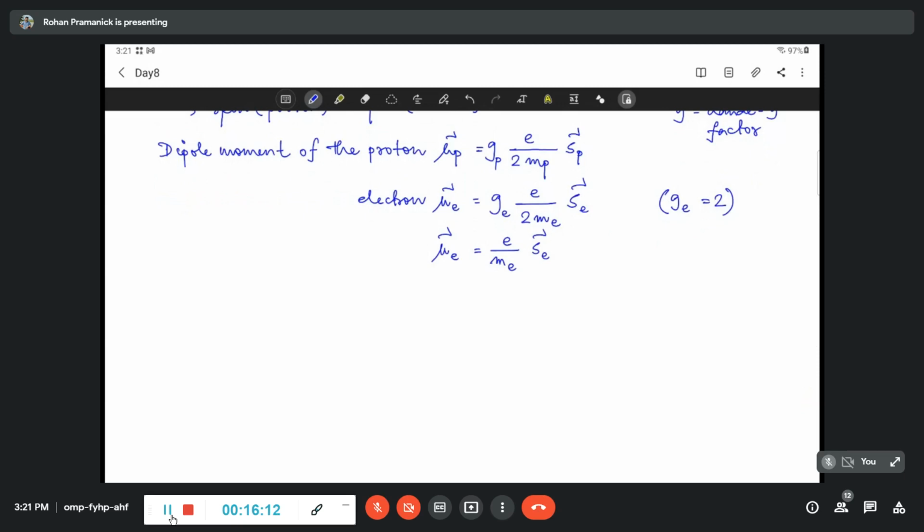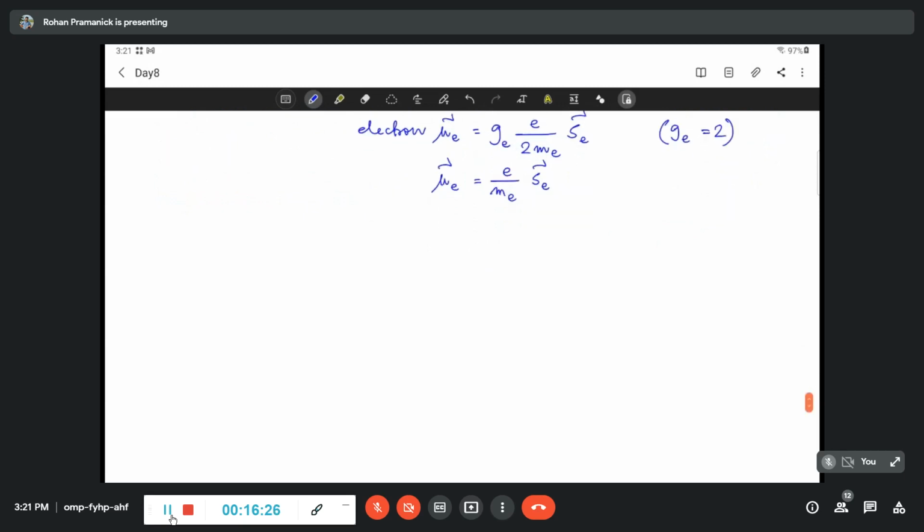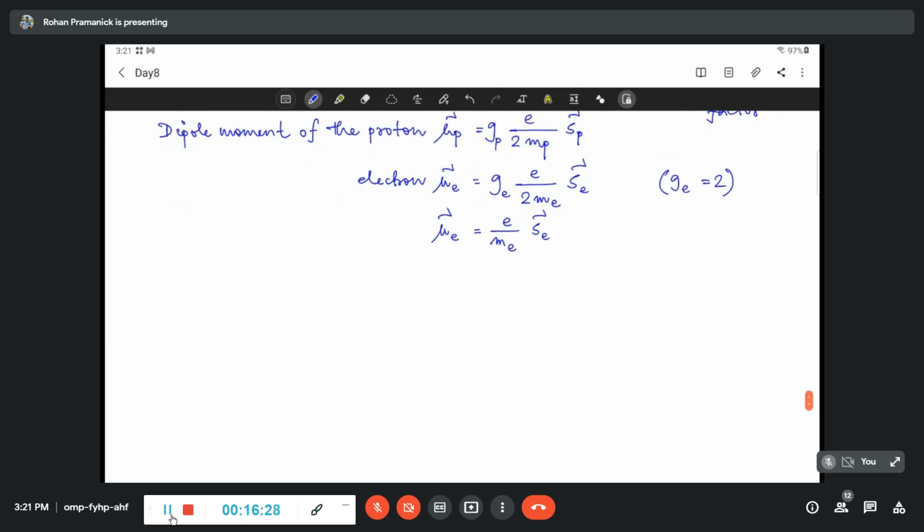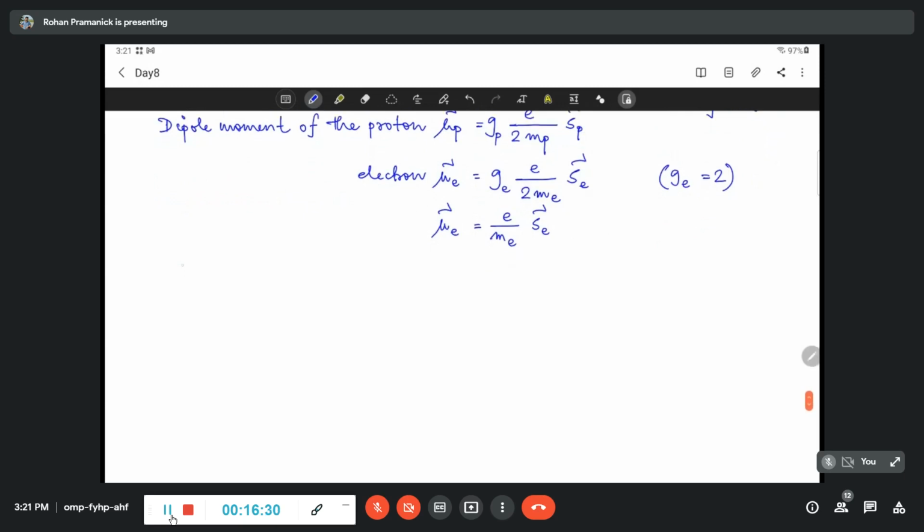I hope all of you know what the magnetic field produced by this dipole of the proton is. You have found it in electrodynamics, I hope, that the magnetic field is nothing but mu naught by 4 pi.